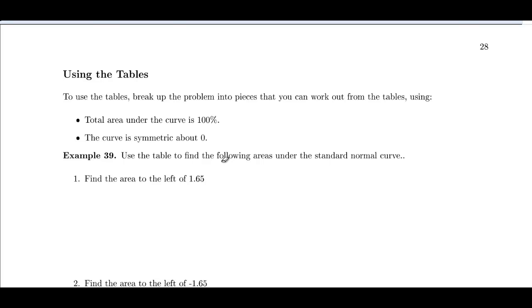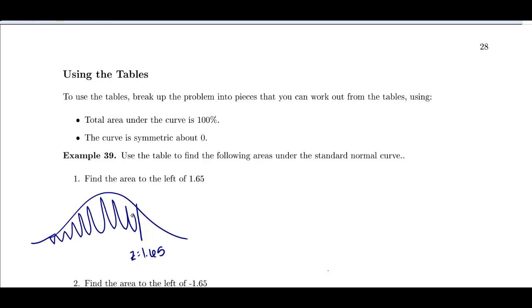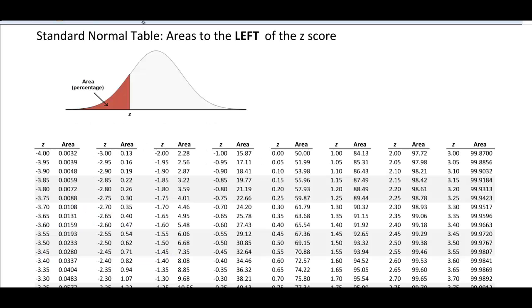Number 1, let's find the area to the left of z equals 1.65. I will always draw the picture. 1.65 is a positive number, so it goes on the right side. I'm looking for the area to the left. This is really easy to do. I go to my normal table and look for the z-value of 1.65.